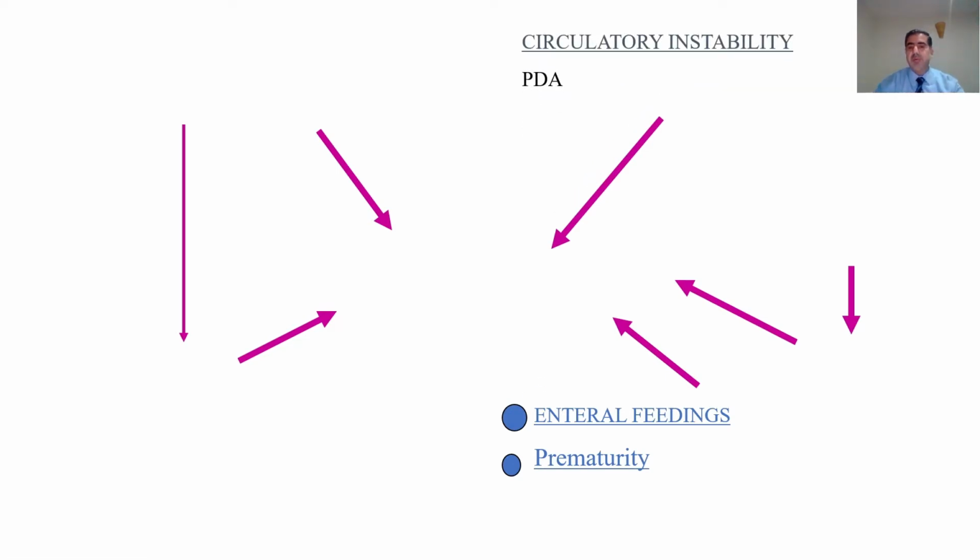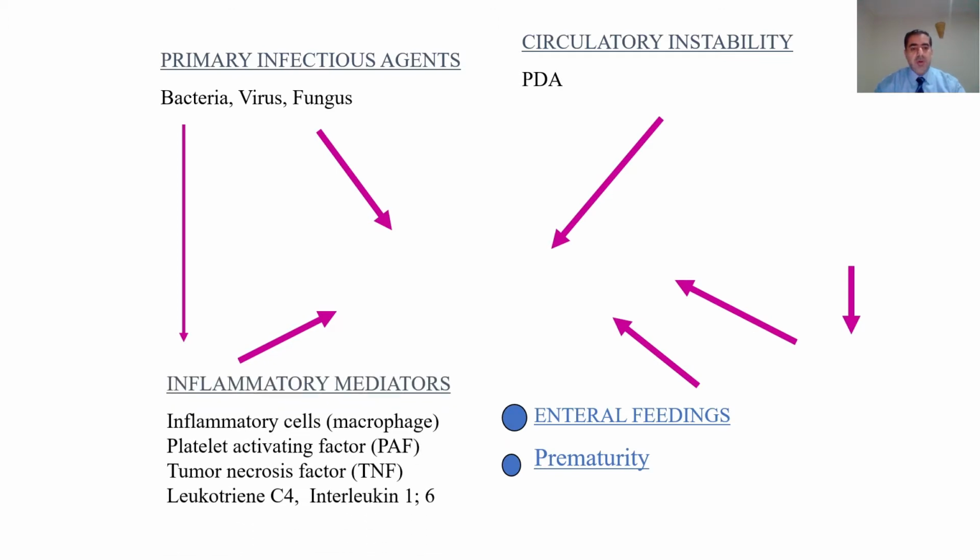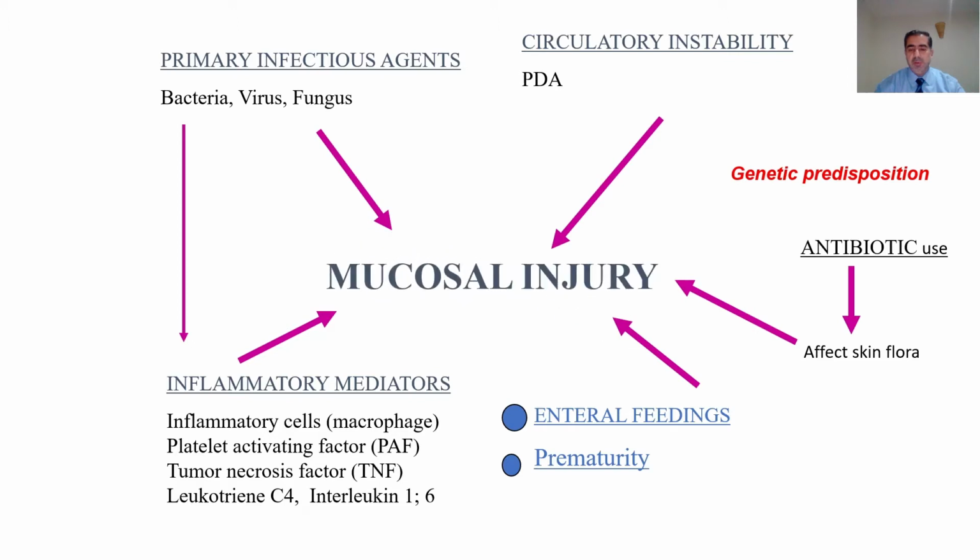As an important risk factor, circulatory instability in cases of PDA, for example, or primary infectious agents, bacteria, viruses, fungi, or inflammatory mediators. Both infection and inflammatory mediators, in addition to the antibiotic use, which by itself can affect skin flora, all these factors will come together to make a mucosal injury.